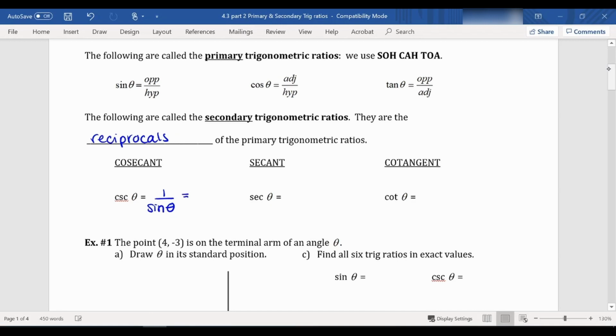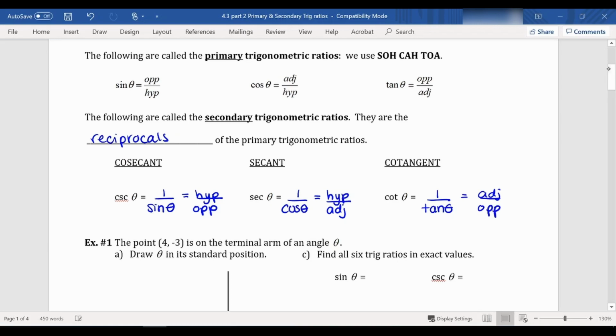If you take the reciprocal of your sine ratio, you would get hypotenuse over opposite. Secant, SEC, is the reciprocal of cosine, 1 over cosine theta. If we take the reciprocal of the cosine ratio, this would be hypotenuse over adjacent. And cotangent is the reciprocal of tangent. And this would be adjacent over opposite.